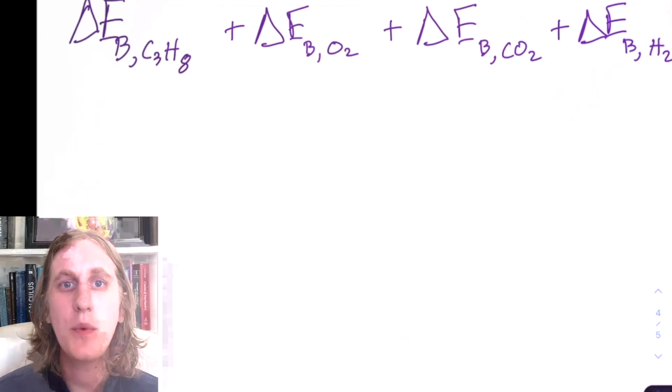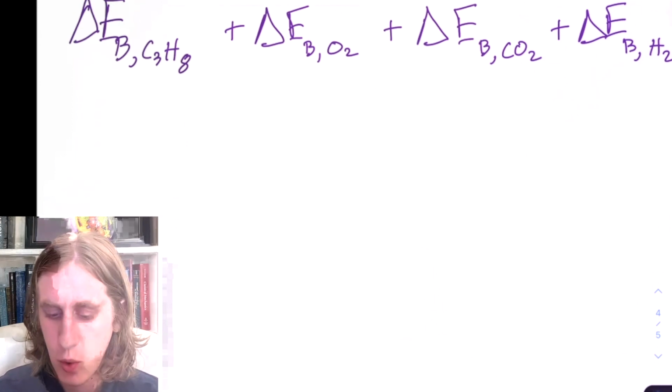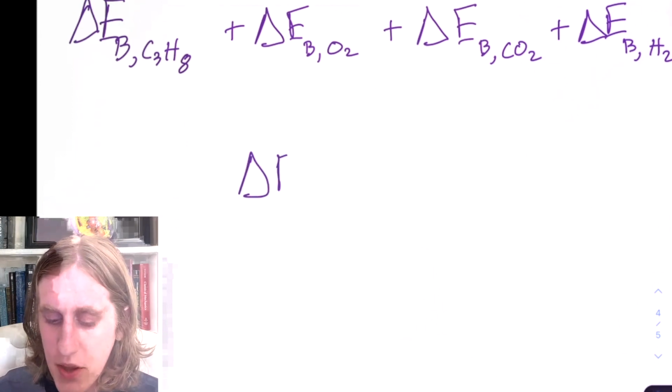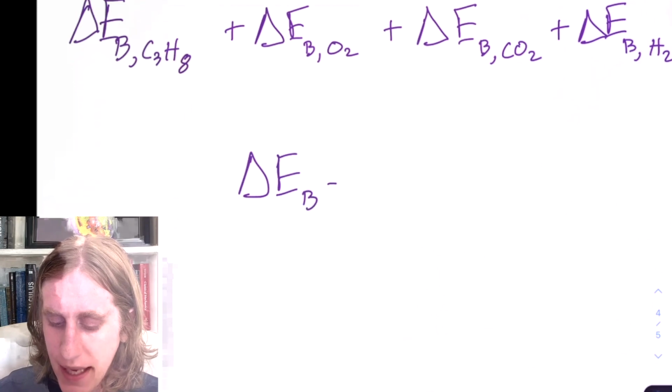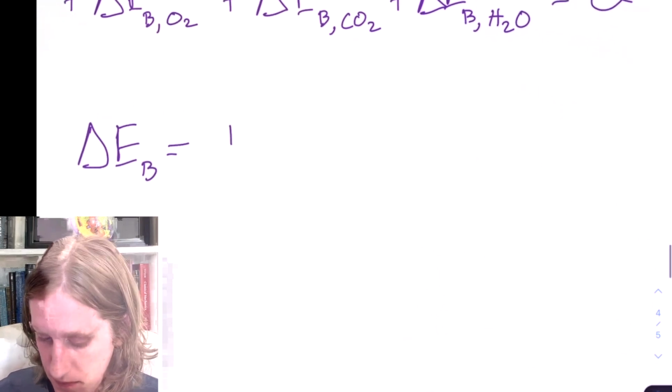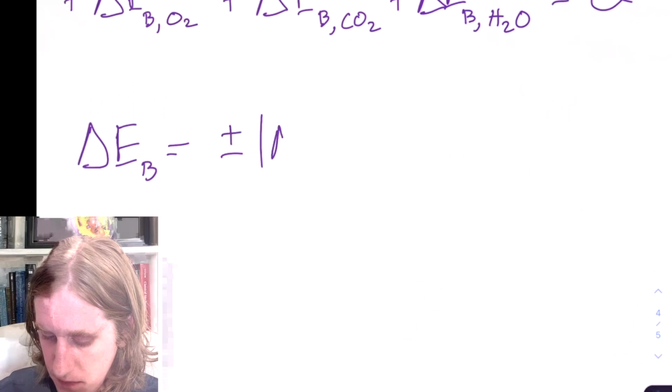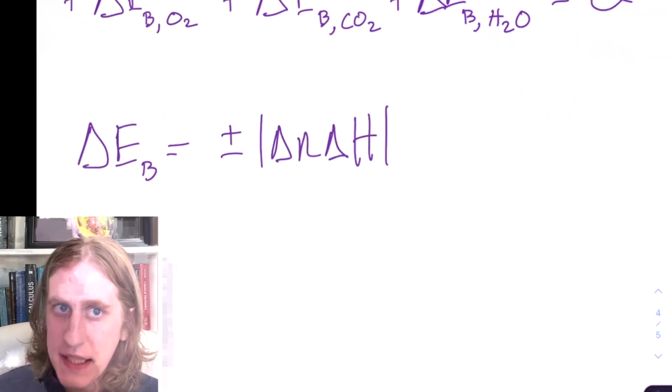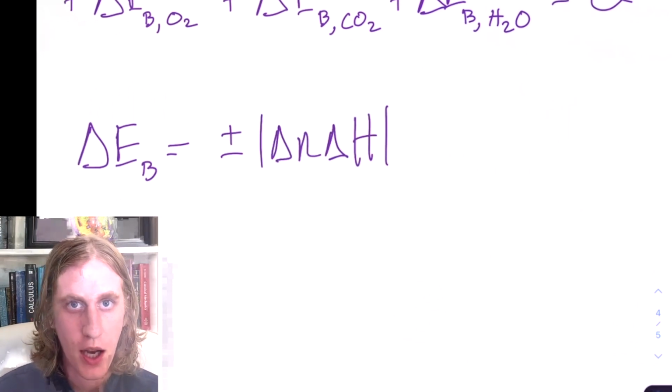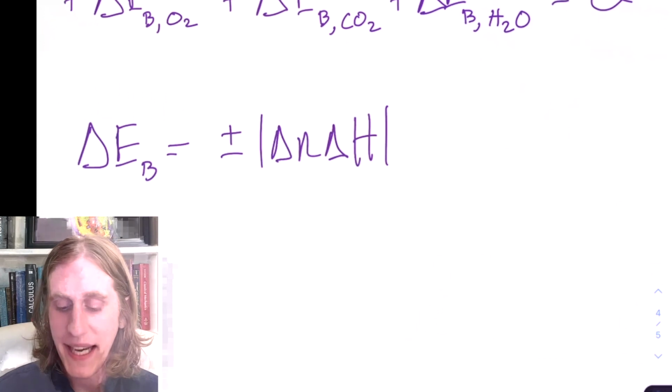When we're dealing with changes in bond energy in chemical reactions, we write the change in bond energy like this. This looks very, very similar to the change in bond energy we saw for phase changes, with one key difference.